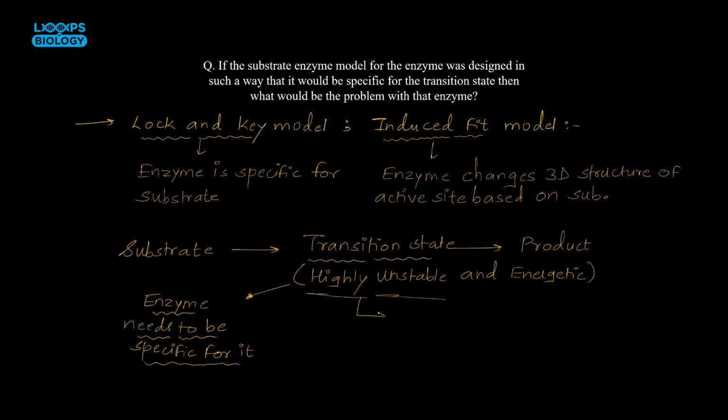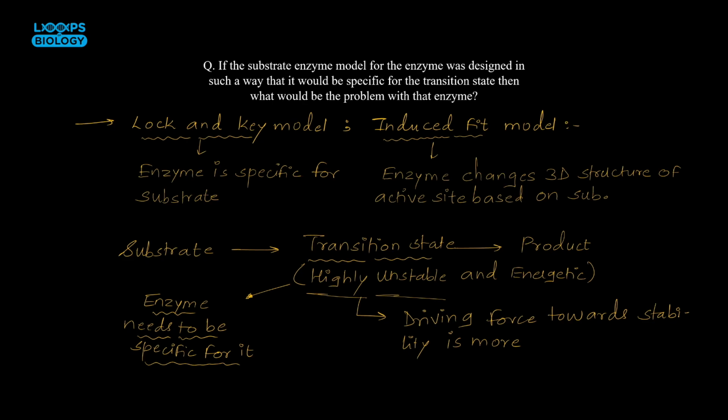Whenever the instability has been seen, that means the driving force towards stability is more, and due to which the transition state has to move from that particular unstable state to the stable state by formation of product.